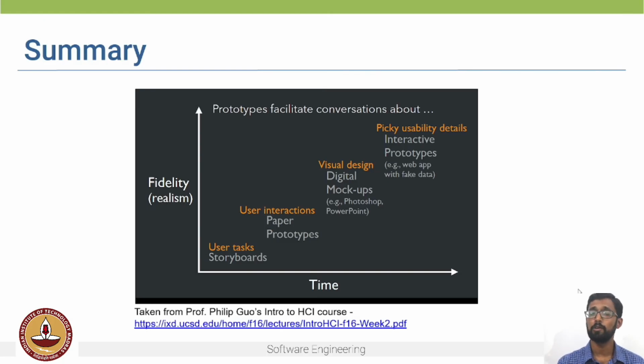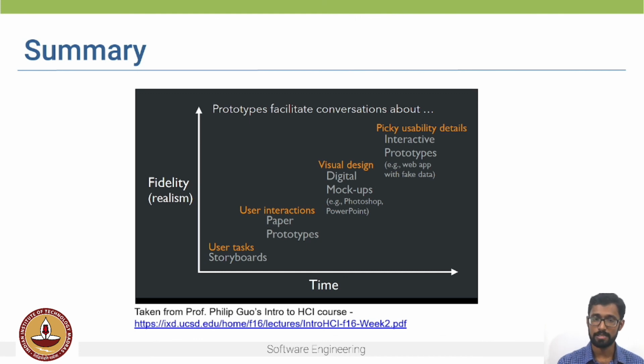So in this video, we looked at several prototyping techniques. And we saw that these prototyping techniques differ based on when they are used in the development process and their fidelity compared to the final product, or how real the product is compared to the final product.